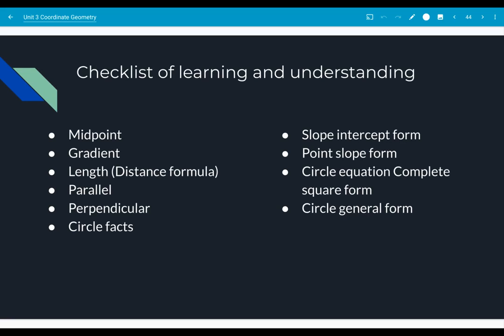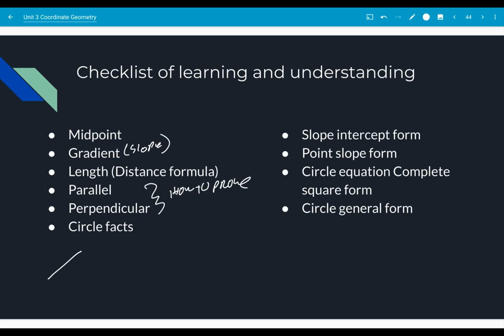So in Unit 3, we've looked at, need to make sure you understand midpoint, gradient, or remember that is slope, length, so using the distance formula, understanding parallel, perpendicular, and how to prove if they're parallel or perpendicular. The circle facts are going to be helpful.